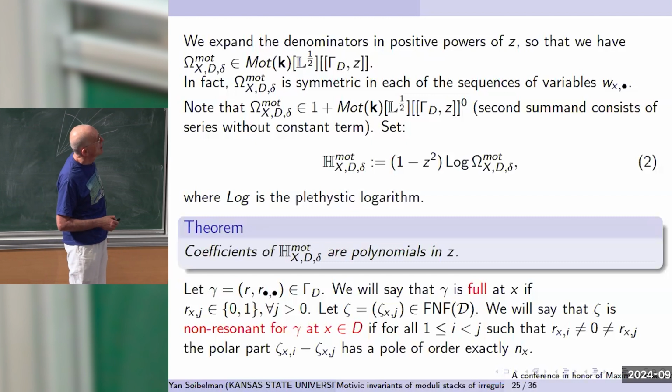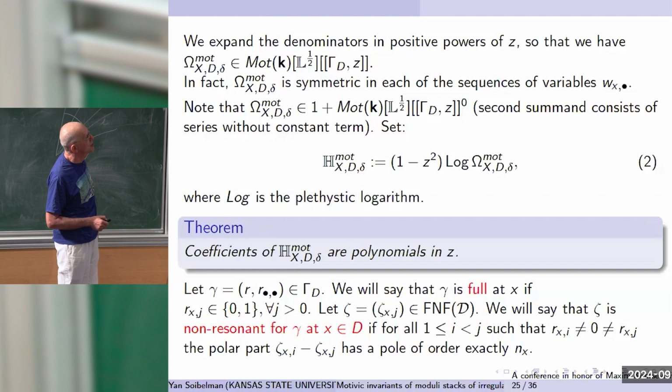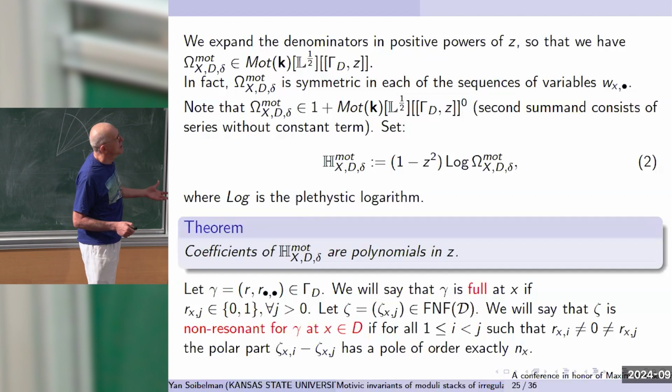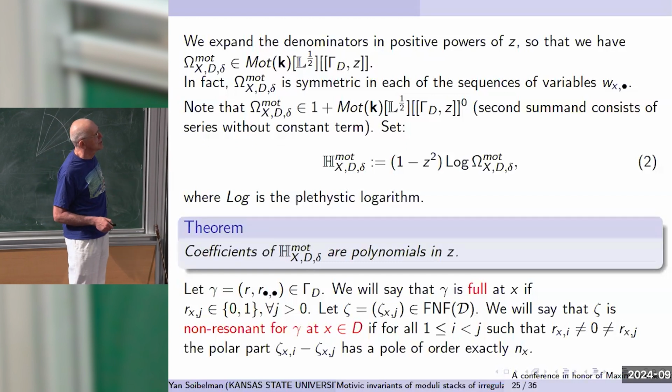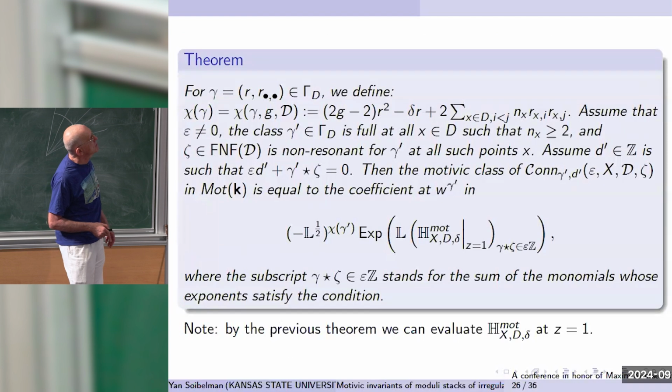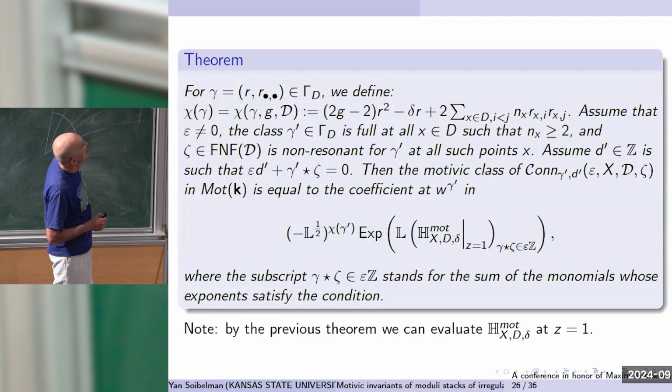It's called full. And non-resonant is a very natural condition: if you take two eigenvalues, their difference does not lose the pole, so it has a pole of the same order as the degree of my divisor. Okay, and this is the theorem without stability.